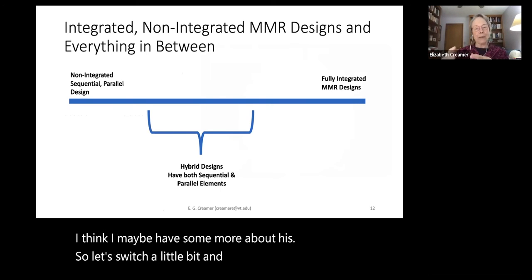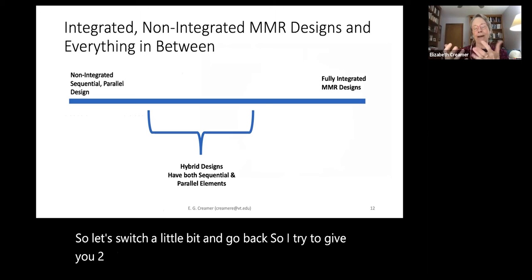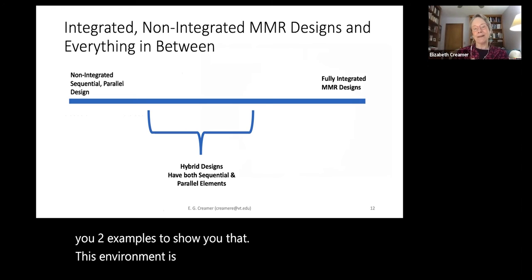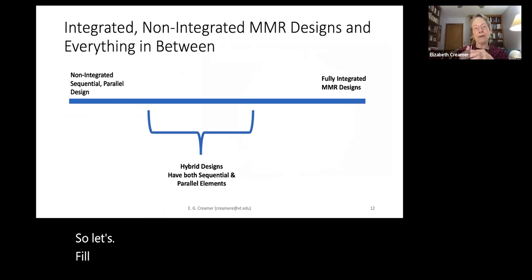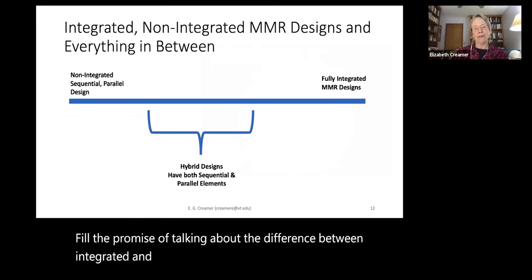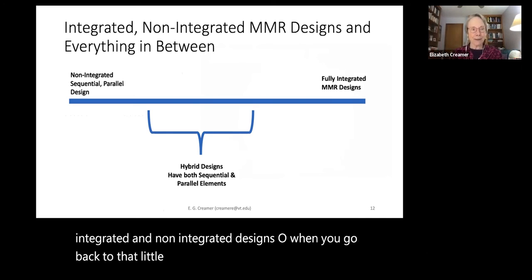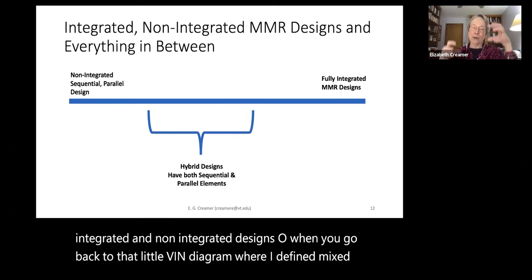So I tried to give you two examples to show you that this environment is so perfect for mixed methods because of what I've already talked about. So let's fulfill the promise of talking about the difference between integrated and non-integrated designs. When you go back to that little Venn diagram where I defined mixed methods, I said the circles could be bigger.